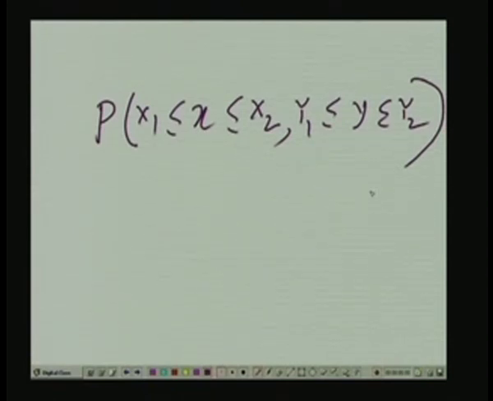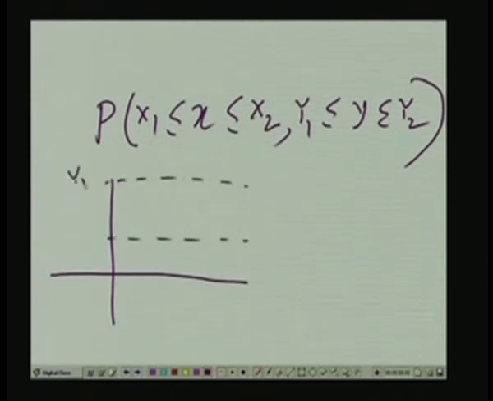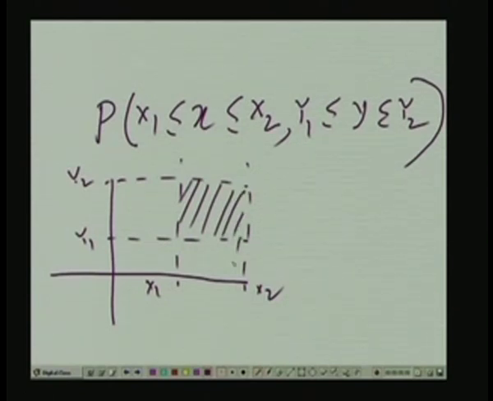What is this? Now, you can easily see this. If I draw the 2D plane, and this is y2, this is y1, this is x1, this is x2, then this is the region. This probability means the probability of the xy pair taking values from within this region.